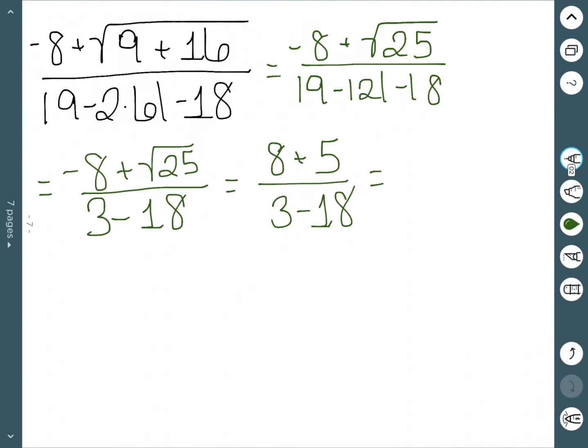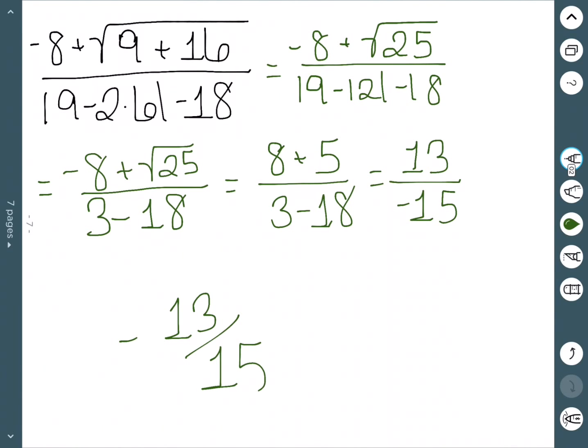We don't have any multiplications on the top or divisions on the top, same thing on the denominator. So now we can add. 8 plus 5 is 13. 3 minus 18 is negative 15. So my final answer, negative 13 over 15.